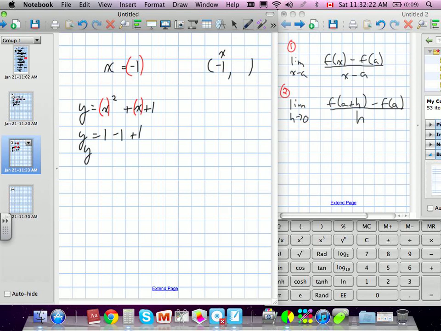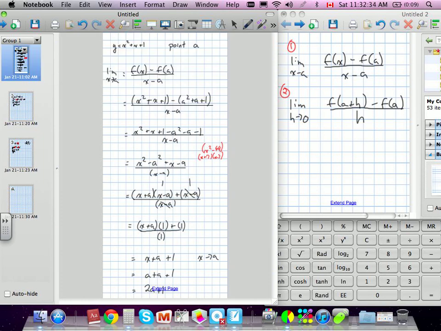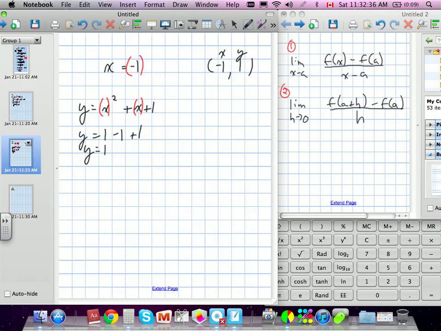The slope we had from the original, after we derived it, was 2a plus 1, or in this case, 2x plus 1, right? So our slope is equal to 2x plus 1. They're asking us to find the slope of this line. Well, we do know slope is equal to y2 minus y1 divided by x2 minus x1. So we take this slope.